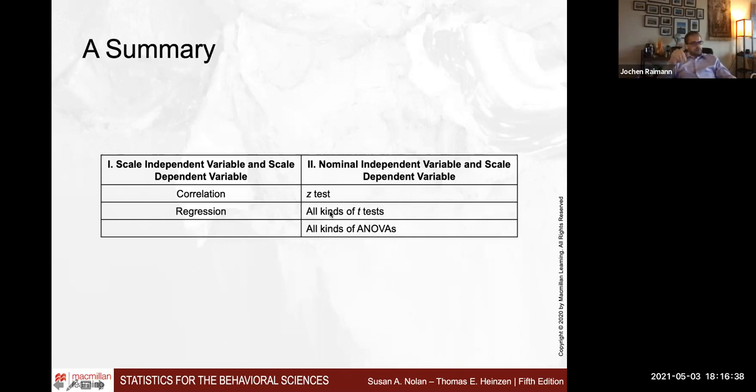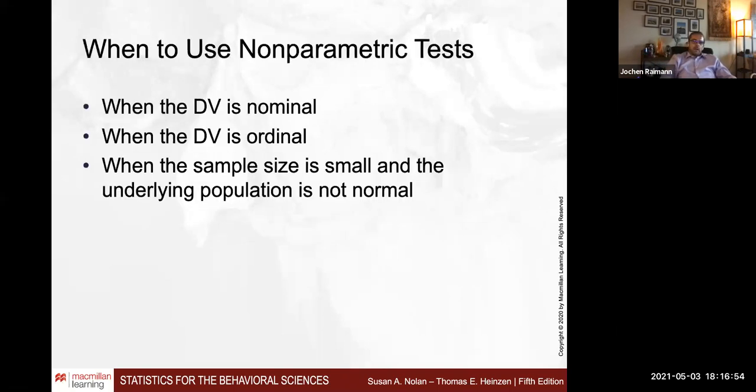You essentially have a scale dependent variable and a nominal, or in many cases also ordinal, independent variable. And then you have the ANOVAs, right? Same situation, it's just more groups, a t-test with more groups. So when do you use non-parametric tests? When the dependent variable is nominal, when the dependent variable is ordinal, or when the sample size is small and the underlying population is not normal.